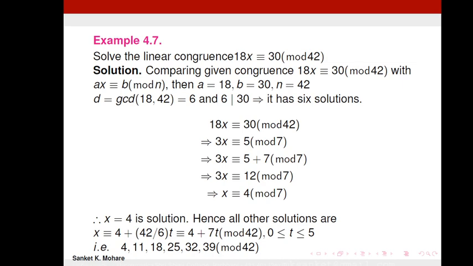And if we find a particular solution, as here I found the particular solution x equal to 4, then all other solutions are of the form x equal to x0 plus (n/d)t, where t varies from 0 up to d minus 1. Don't get jumbled with this, okay? Don't consider this x equal to 4 okay? This is just notation. Here x is congruent to 4 modulo 7, here x0 is equal to 4, so don't confuse this notation.